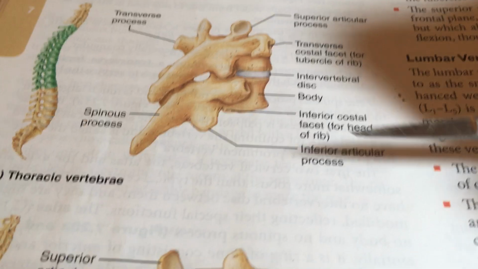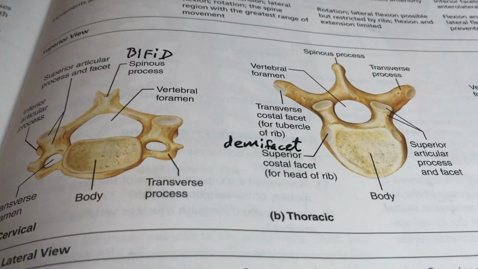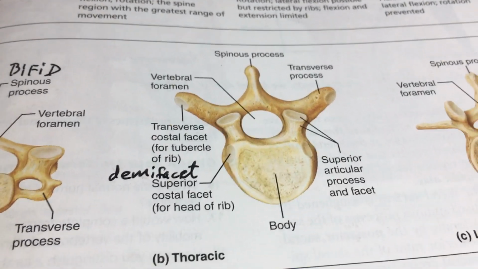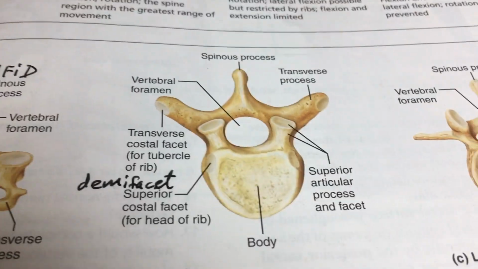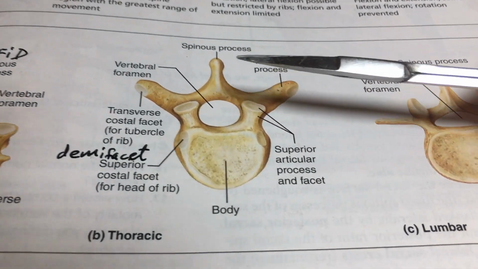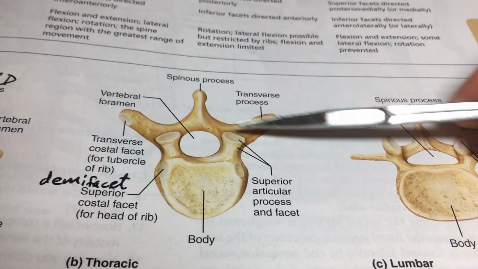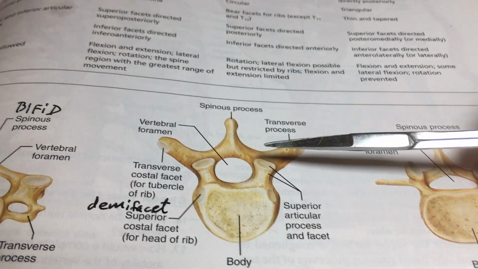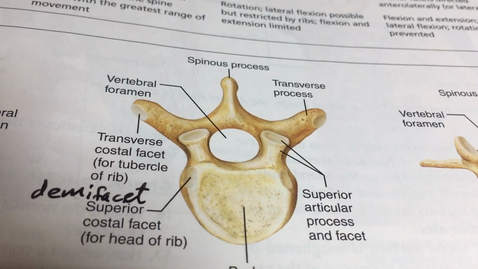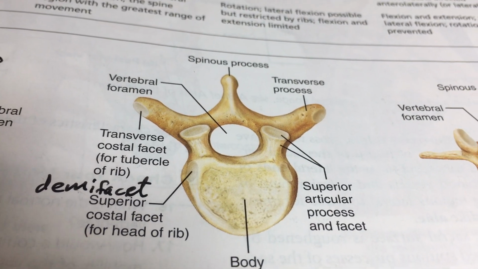Okay, so let's come over here and take a look at our standard thoracic vertebra. Again, we have the transverse processes coming together to form the spinous process.